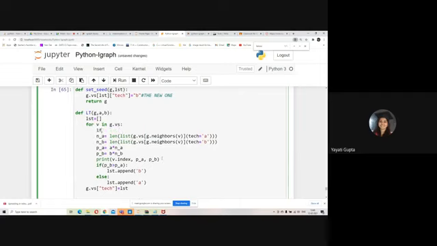G dot Vs of V, if its technology is B, which is a new technology, then I will not check any condition for this node. Its new technology will remain B only. It won't be changed.